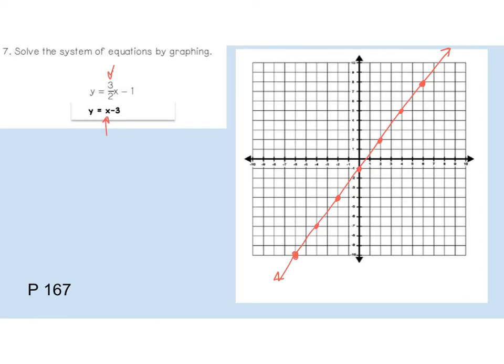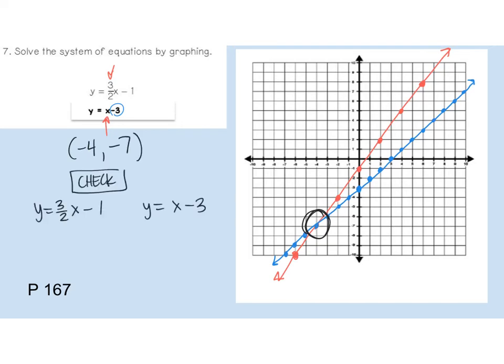And then my second equation has a y-intercept of -3. And then it has a slope of 1. And my graph intersects right here at -4, -7.